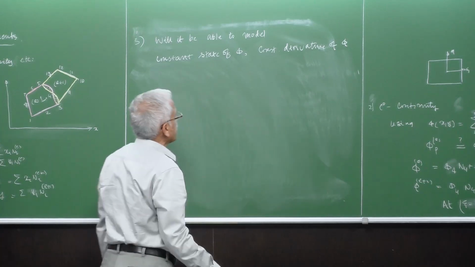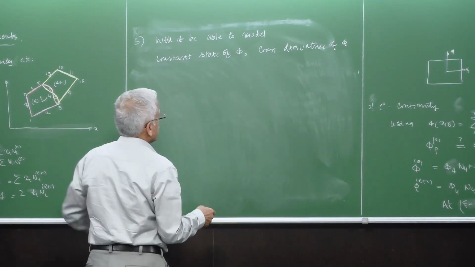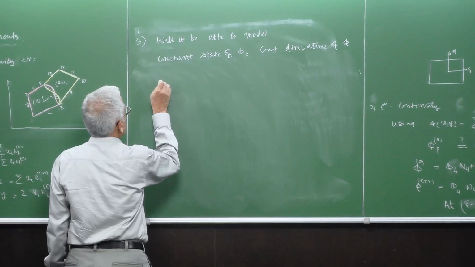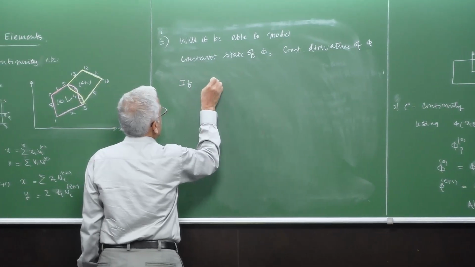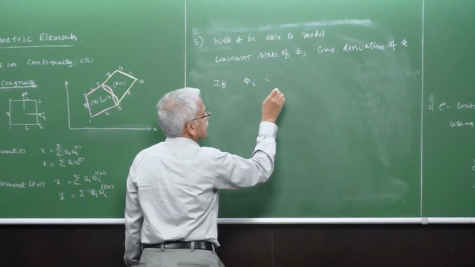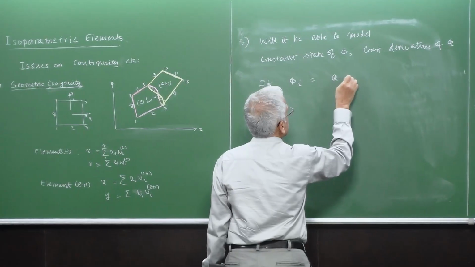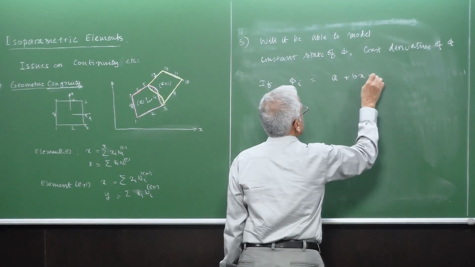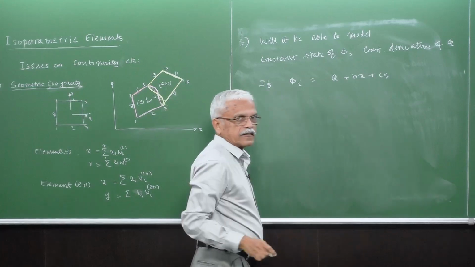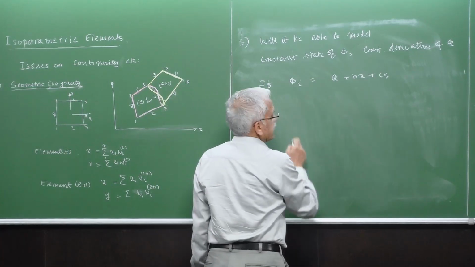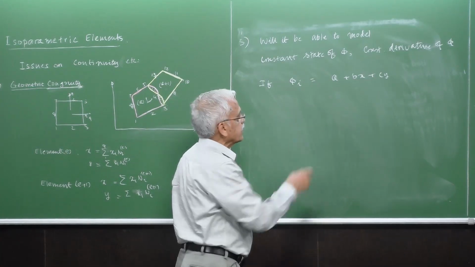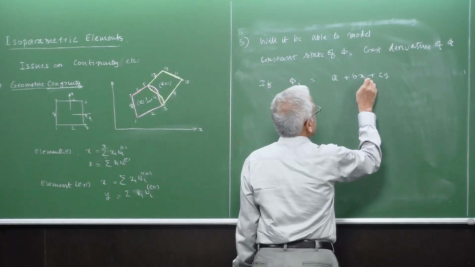What does this mean? It means that if phi I are given some values like a plus bx plus cy, then what is phi of xy? Is it also going to have the same form?